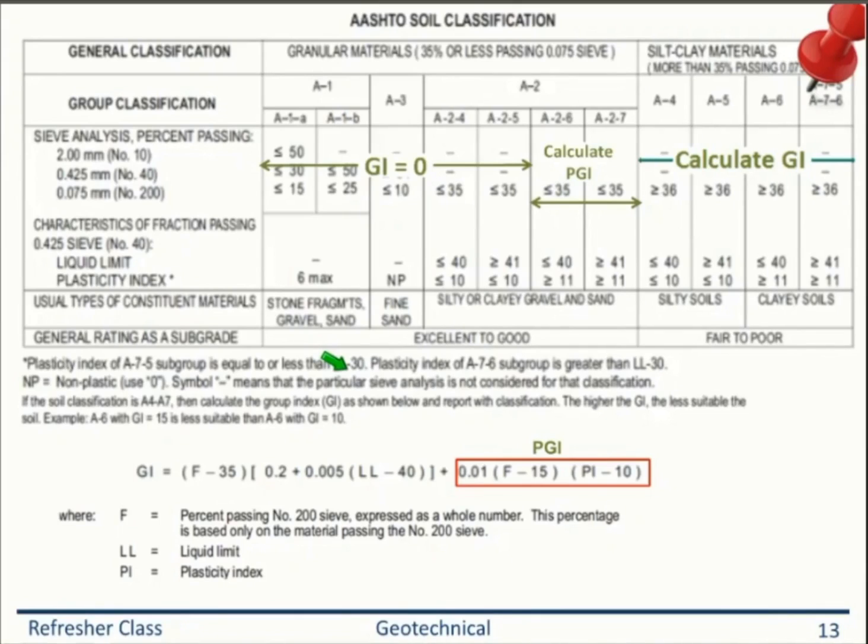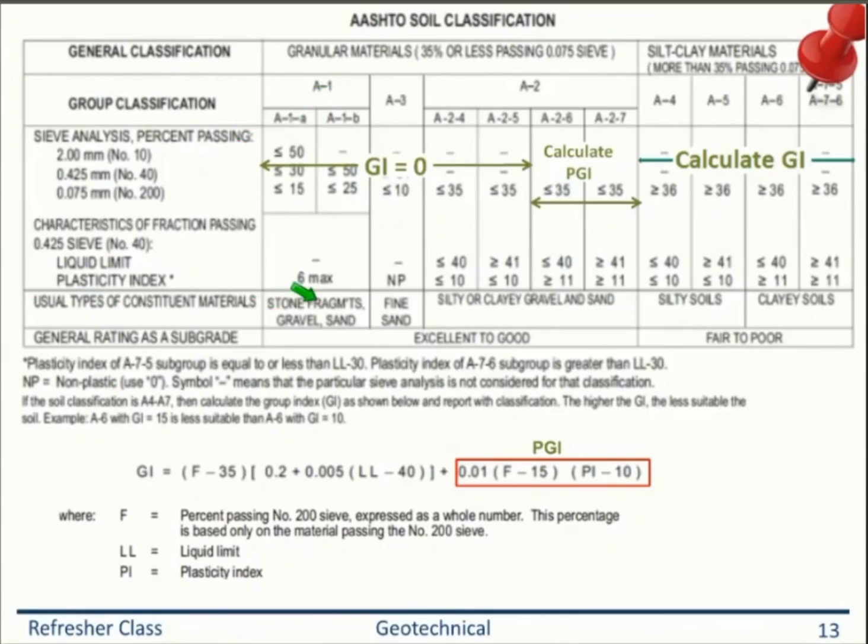In this table, you will find NP. NP stands for non-plastic, symbol 0. It means the soil is not plastic. Another thing here is the usual type of constituent materials.